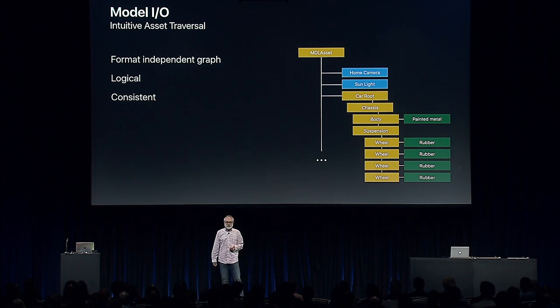So this particular asset that I've got up here on the screen is just a simple thing with a car. It's got a camera, it's got a light, the car is broken down into components, it's got materials. No matter what scene I load up, it's going to come in like this, and it's going to be easy to traverse. So that's why Model.io is really easy and helpful in pipelines.